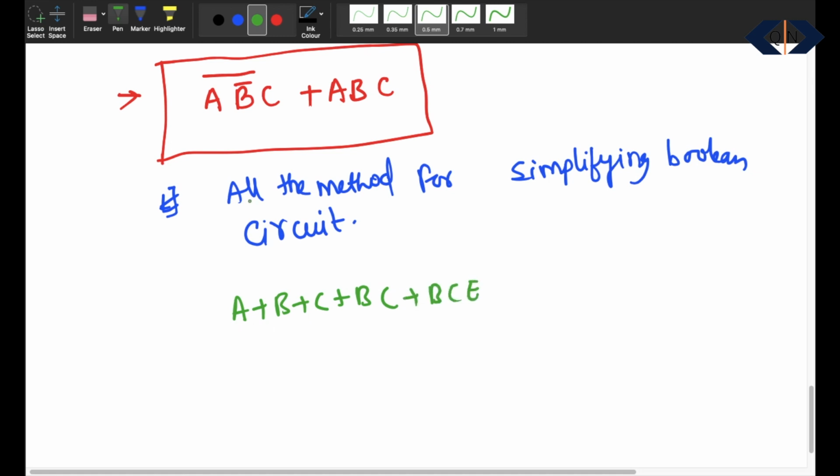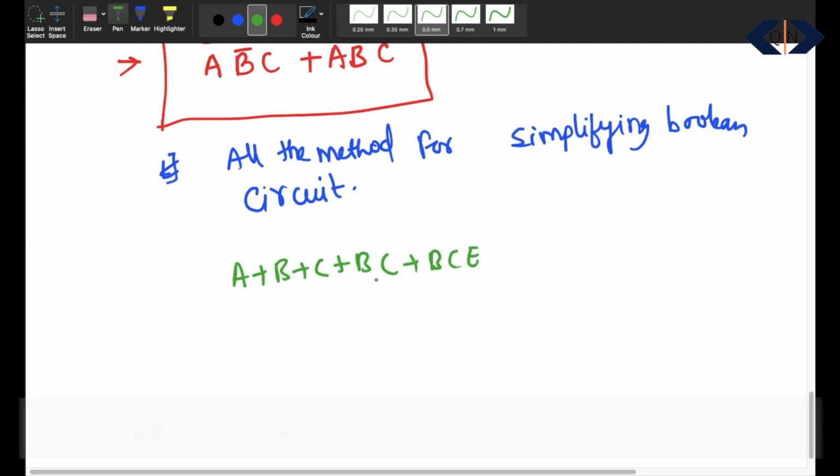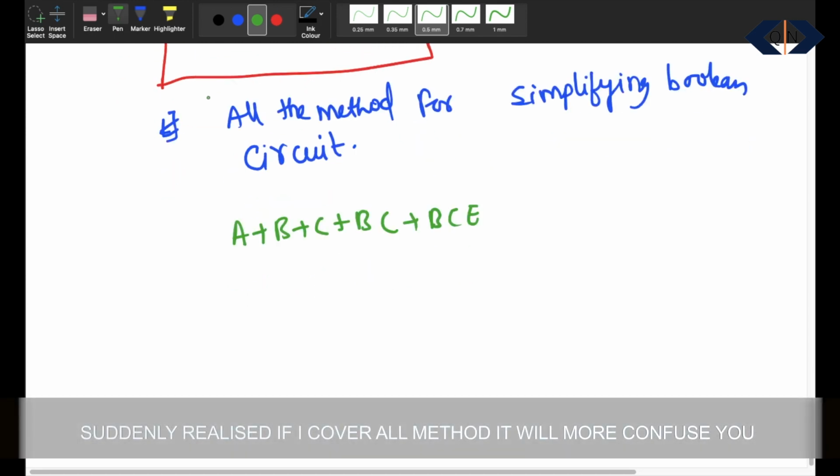Like currently we are utilizing only three, right? But there can be multiple inputs also. For those, there are other methods which are easier and quicker to simplify the circuit. So we have lots of methods to simplify.